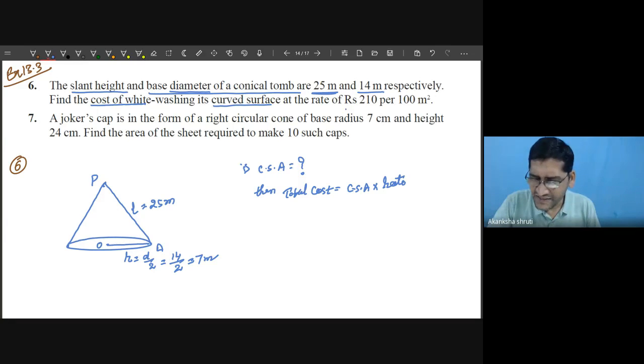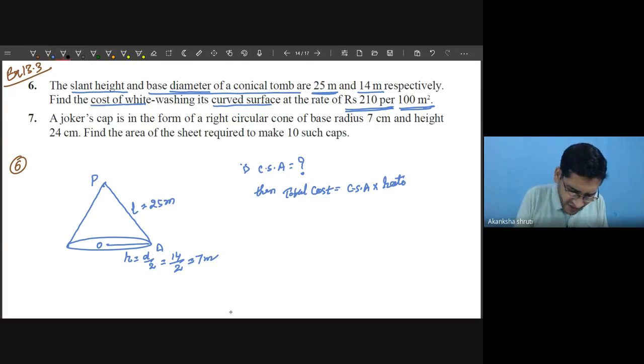It is given that the cost of painting 100 meter square is 210. So what is the rate here? We may do that later. Students, in this case it may also be asked to calculate the volume of the tomb.